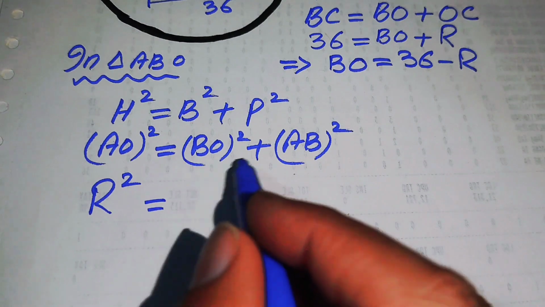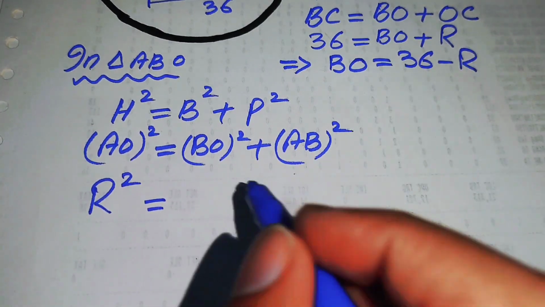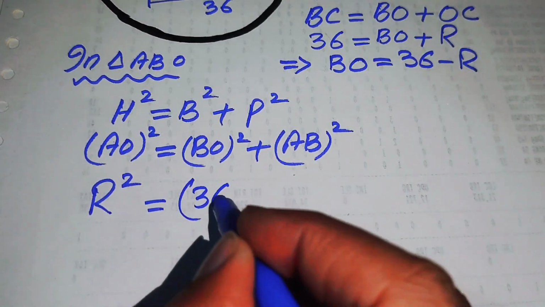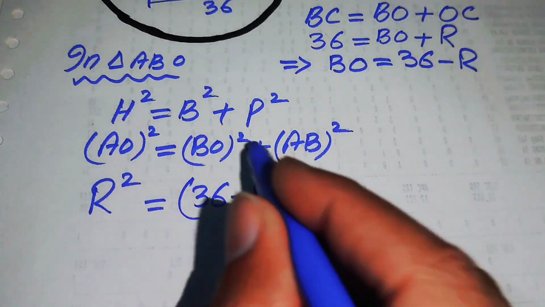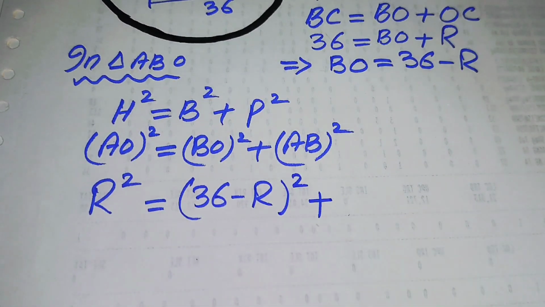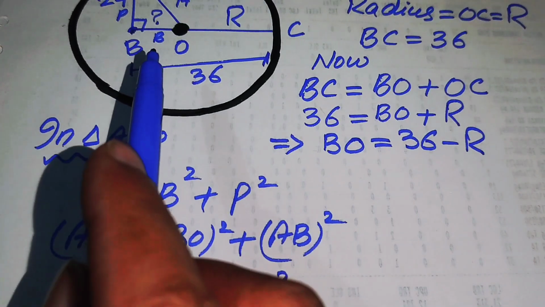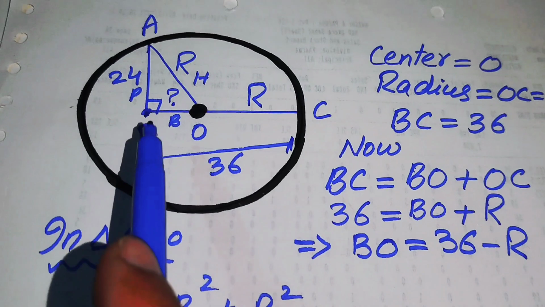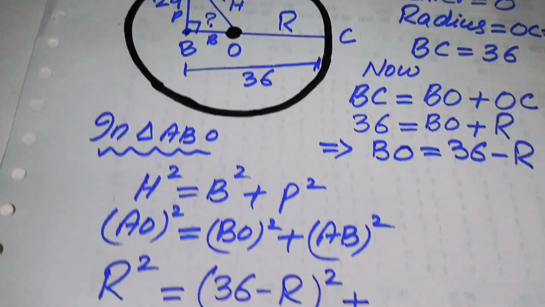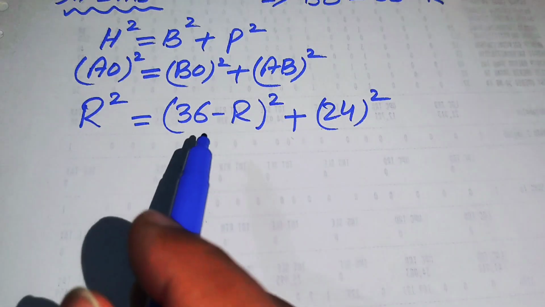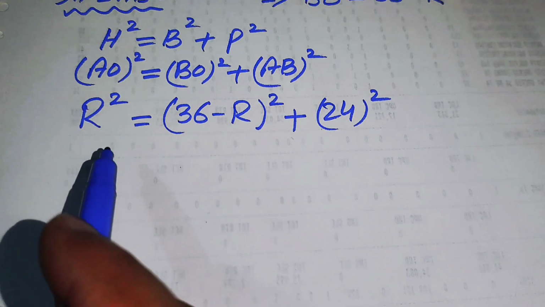The BO distance is 36 minus R, and its square becomes (36 minus R) square. And the AB distance is 24, so we put 24 square.